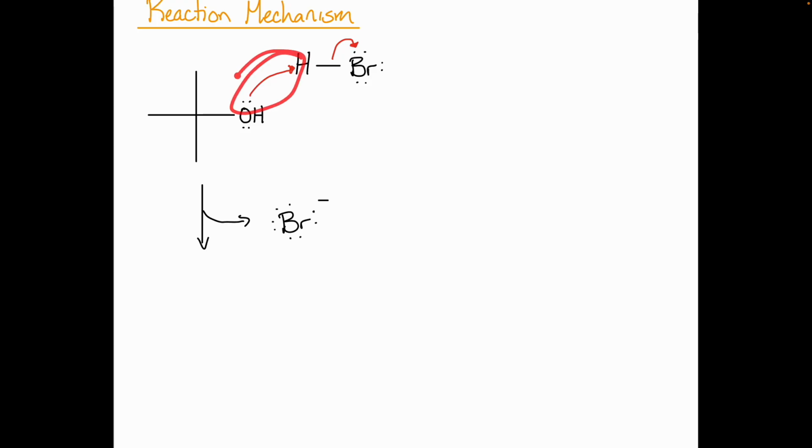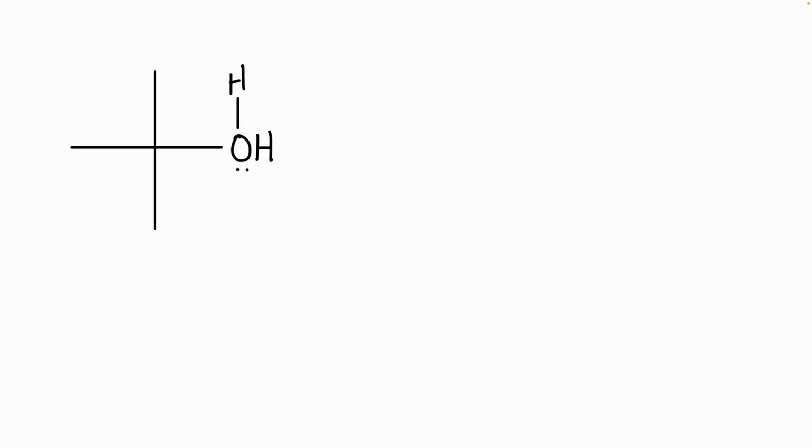When I'm looking at this arrow here, is that a bond breaking, bond formation, or both arrow? That would be a bond formation arrow. So I'm going to draw my new oxygen-hydrogen bond. All right, and what else do I need for my intermediate here?